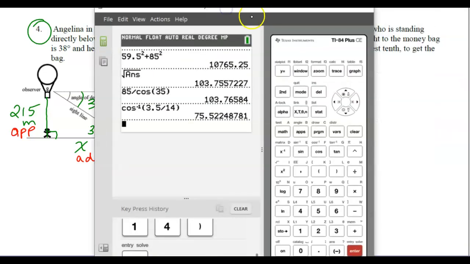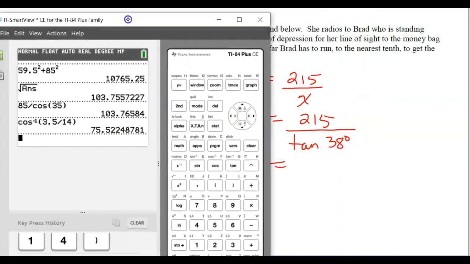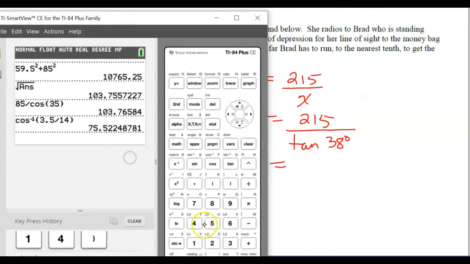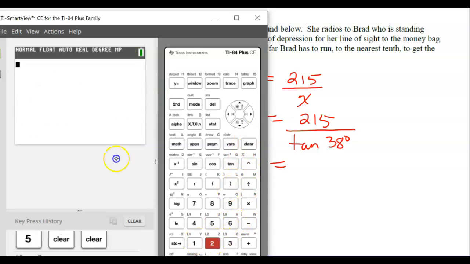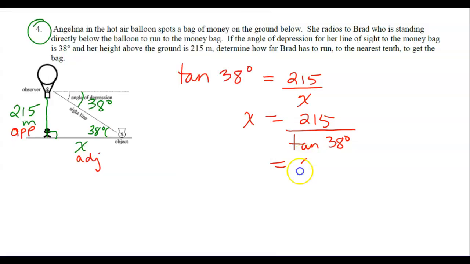So this will be 215 divided by tan of 38. Close the brackets on that. And that's 275.2. Take a look at the units, and that is meters. Okay.